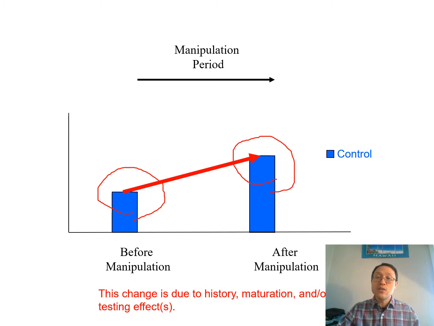So this is the change that is due to history, maturation, and testing. So when you incorporate this special type of mixed design with a control group and experimental group, you can get an idea whether there are any changes due to history, maturation, and testing effect.